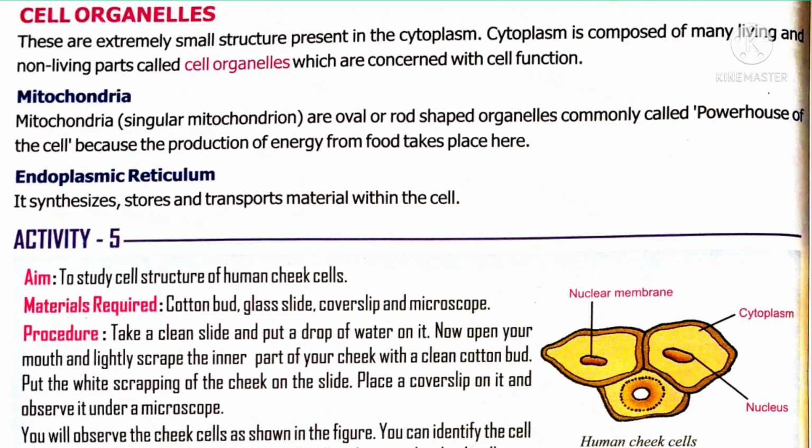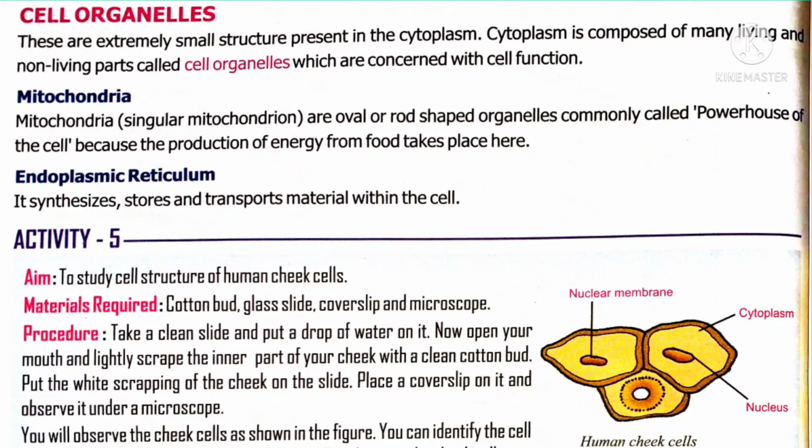How will we collect this cheek cell? With the help of a cotton bud, when we rub the inner layer of our cheek, we can get particles scraped from the cells of the cheek. Then it can be kept over the slide and we can see it through the microscope. Thus we can observe many organelles other than the cell wall.